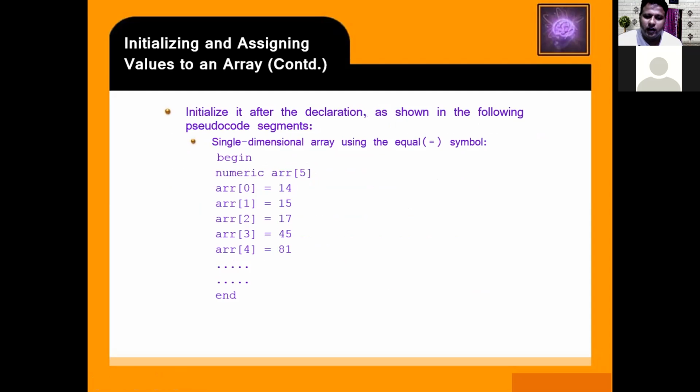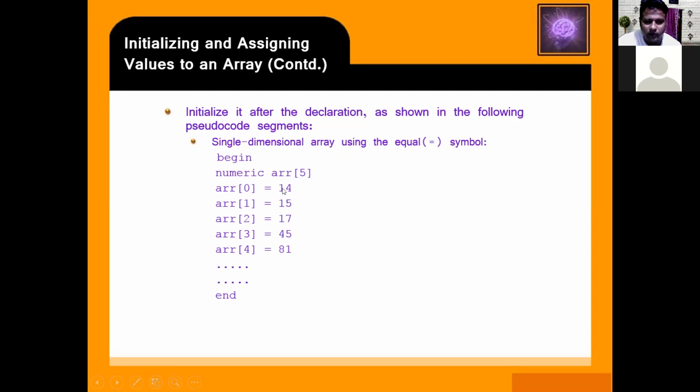Now we go for storing values in the numeric array 5: array 0 is 14, array 1 is 15, array 2 is 17, array 3 is 45, array 4 is 81. This is another way of storing values. The size is 5, but since we start with index number 0, the last position is 4: 0, 1, 2, 3, 4.